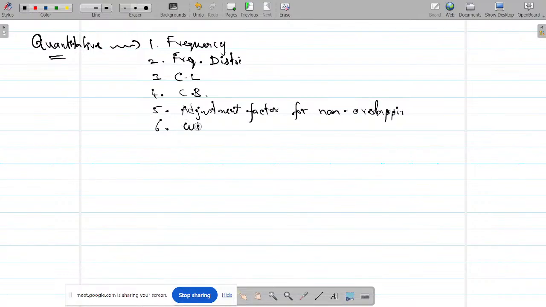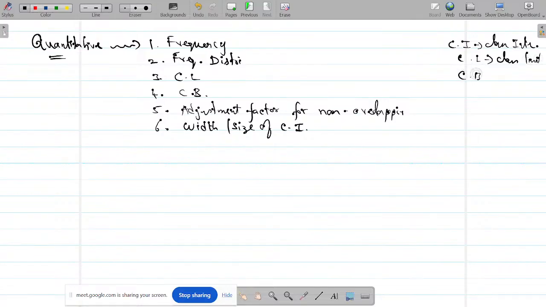Actually, we'll not be going in this order, but we are going to cover all these things. Width or size of class interval. So we are using CI for class interval. Okay. The short terms. CL for class limits. CB for class boundaries. Yeah.